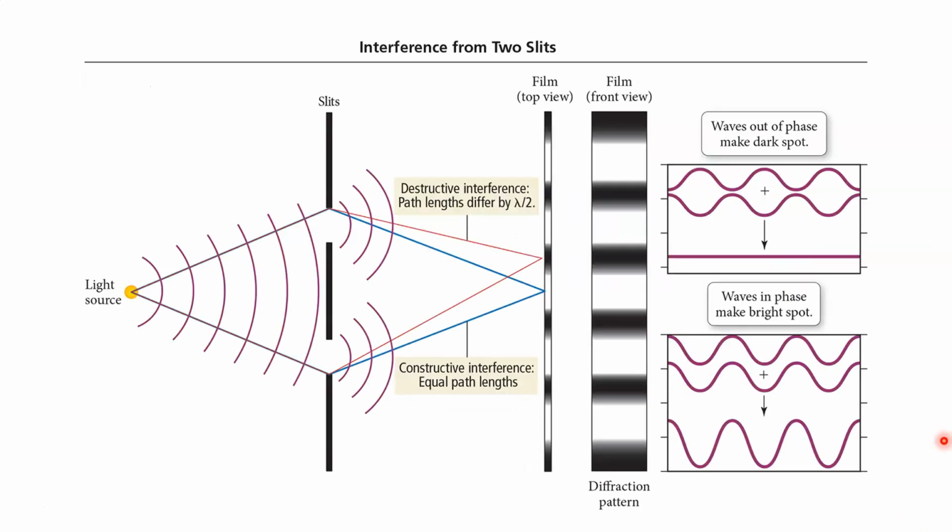So let's take a look at what happens if we have diffraction and interference interacting together. Well, you have a light source, and it's going out in these waves, and then goes through the slits. Now the slits create two waves, and they can interfere with each other either constructively and give us double the wave and a bright white spot, or they can give us no wave, a dark spot.